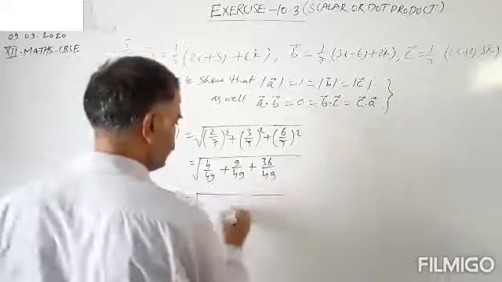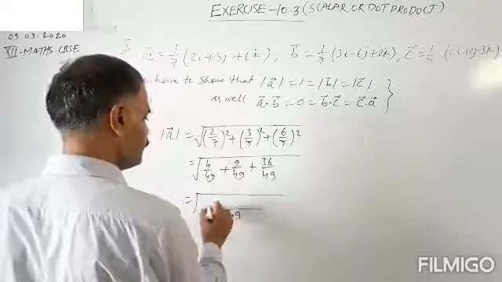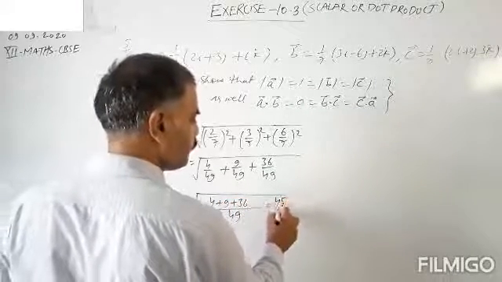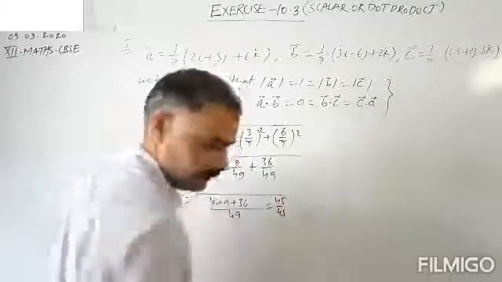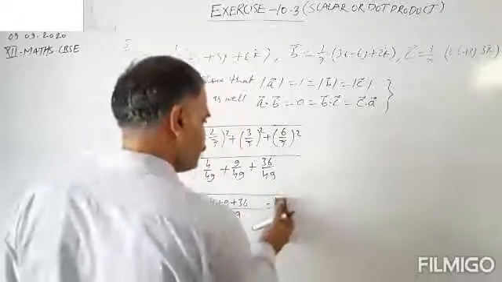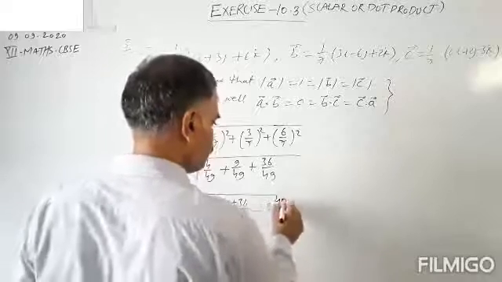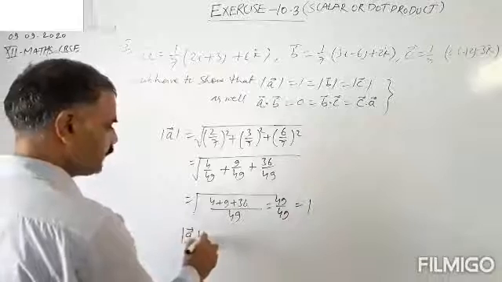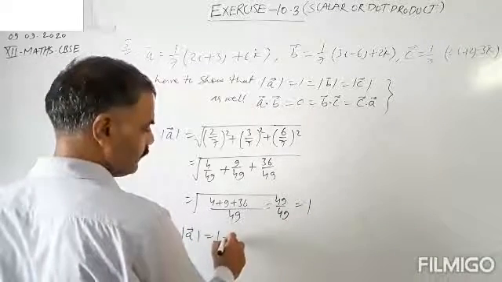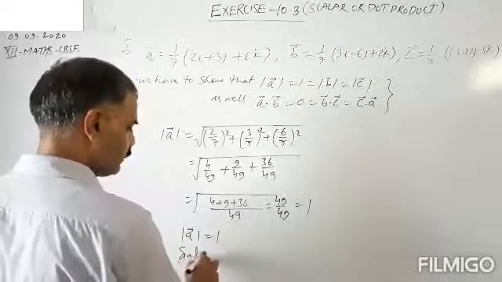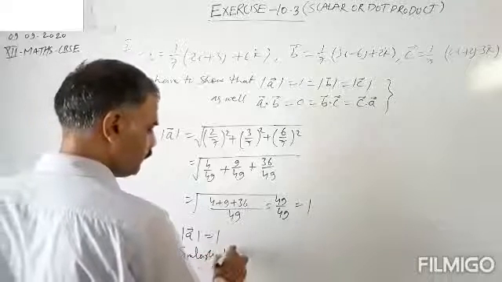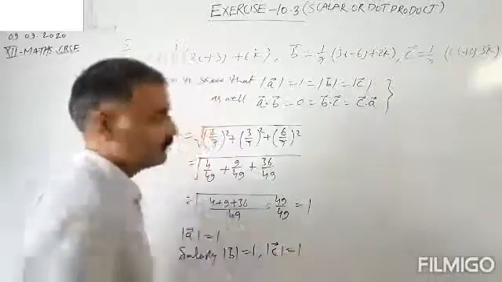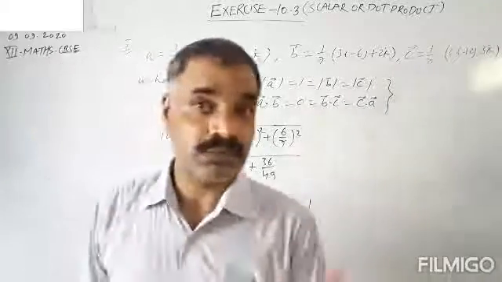Taking 49 as common, 4 plus 9 plus 36 is 49, so 49 upon 49 equals 1. So magnitude of A vector equals 1, and similarly we can show that magnitude of B vector and magnitude of C vector are also equal to 1. This is the first part.